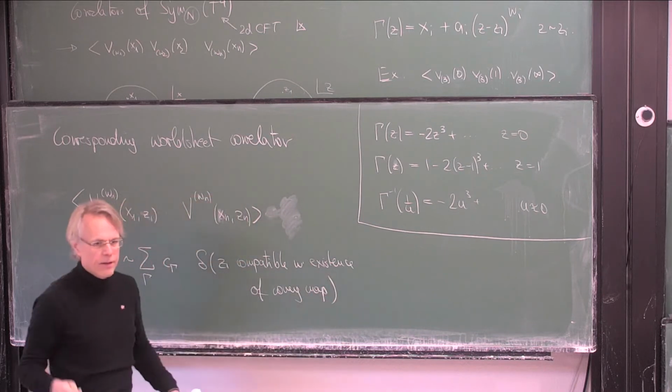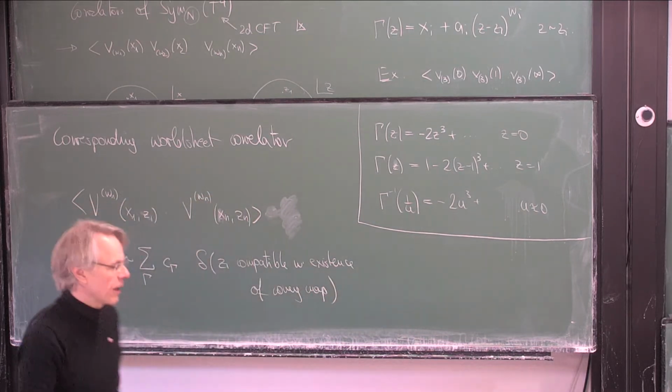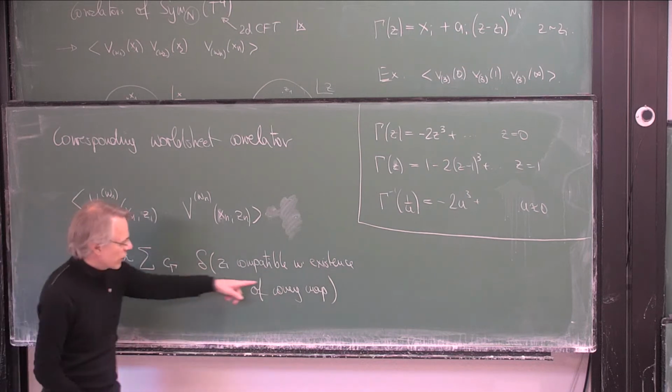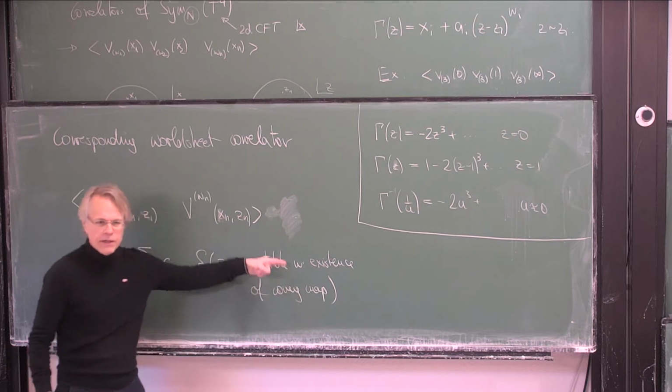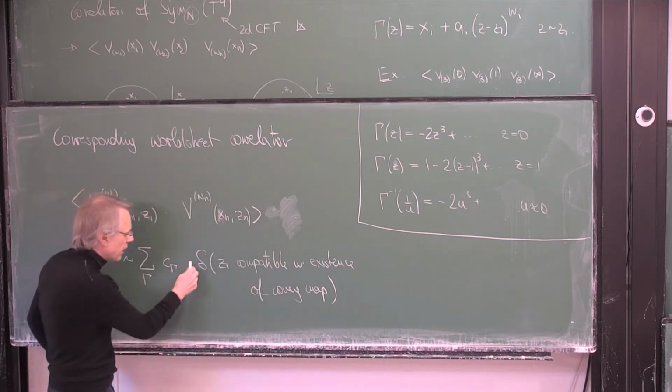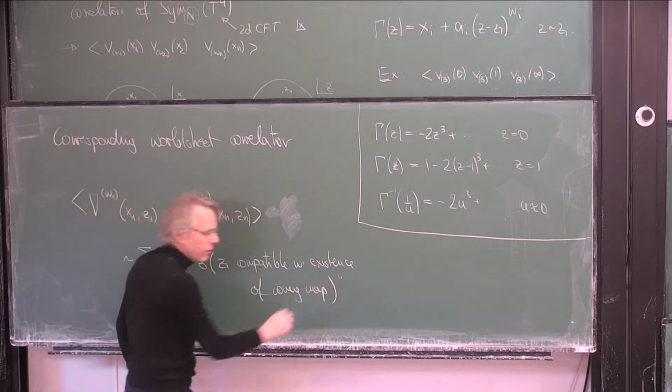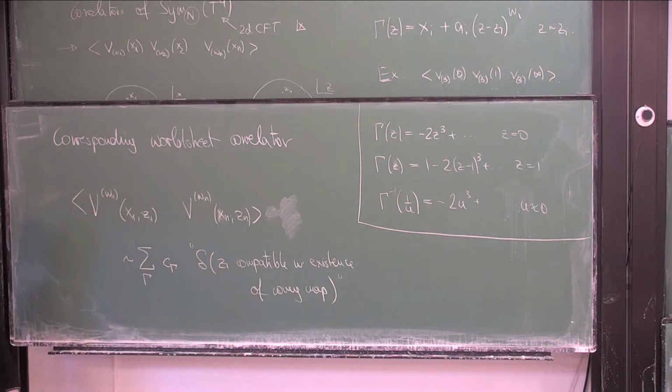So there are three basic things I want to explain to you today. First of all, I want to explain what I mean by this. Why is there going to be a delta function here, and how many delta functions do I get? So this is at the moment a bit vague, and I'm about to explain to you what precisely I mean by that. Then secondly, I want to explain to you how we define these vertex operators on the worldsheet.